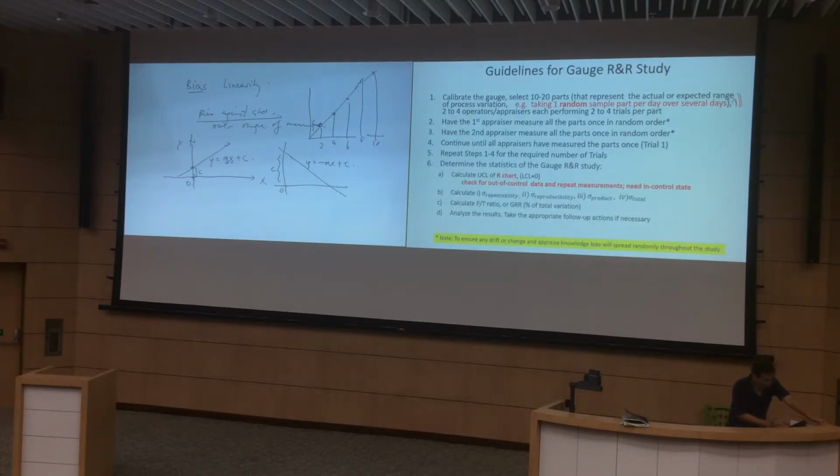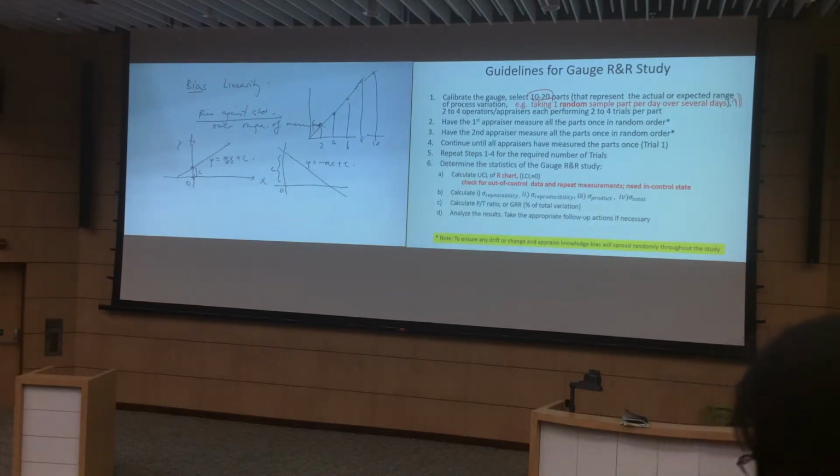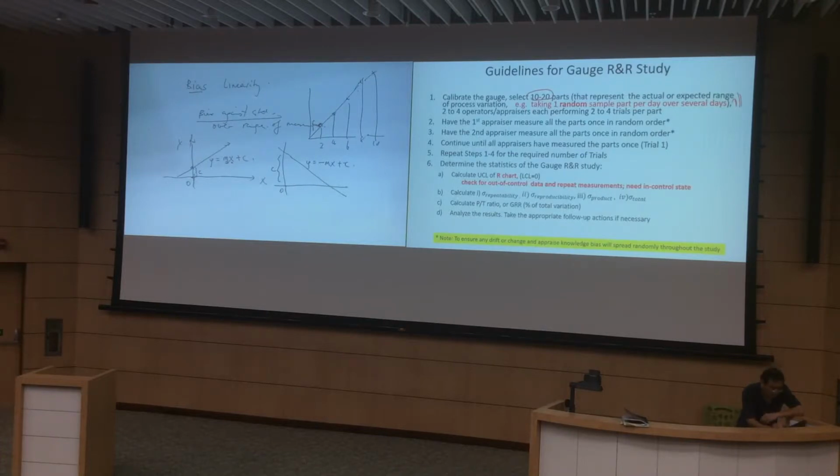My recommendation in this case is, whatever you do, take 10 to 20 parts that are actually in the expected range. You randomly select them, taking one maybe in a day, spreading over several days, so that you have a short-term and a bit long-term process when you get a sample.